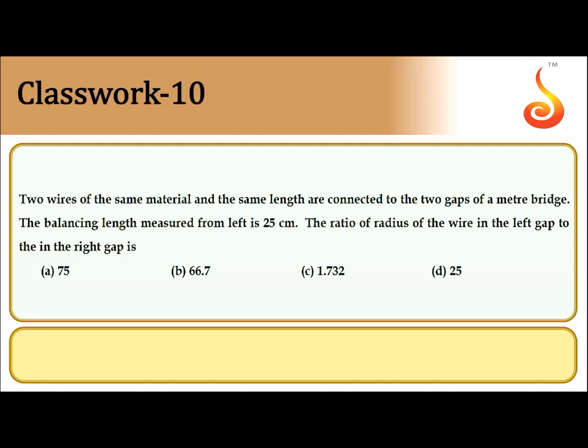Example 10. Two wires of the same material and same length are connected to the two gaps of a meter bridge. The balancing length measured from left is 25 centimeter. The ratio of radius of the wire in the left gap to that in the right gap is, okay. So here, you know that the resistivity depends on the nature of the material of the conductor, right?